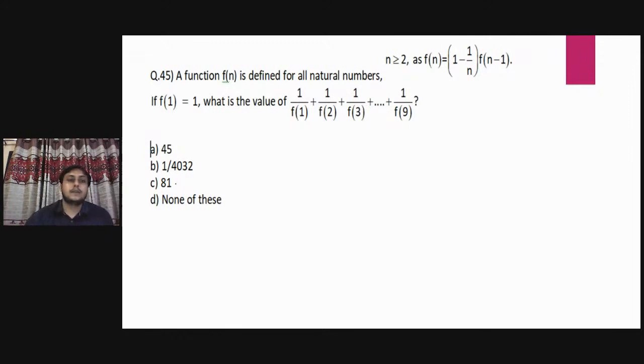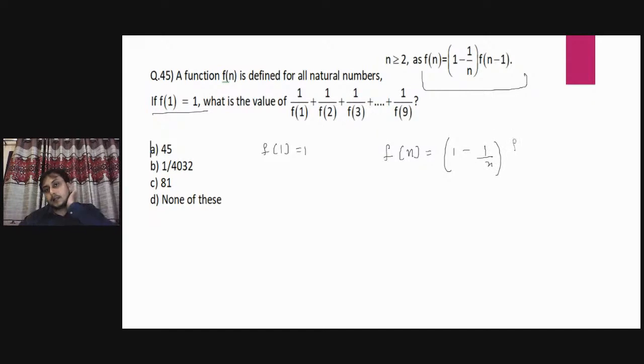The question is, a function fn is defined for all natural numbers n greater than or equal to 2, right? f1 is given, f1 is 1 here. So this function is fn equals 1 minus 1 by n, into f of n minus 1.